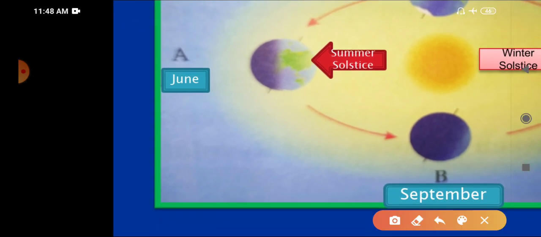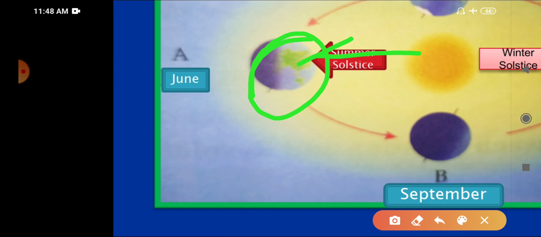Here you can see that in the month of June, the earth's position is tilted towards the sun, and this northern hemisphere part has come in front of the sun rays, whereas the southern hemisphere portion has gone to the back side.